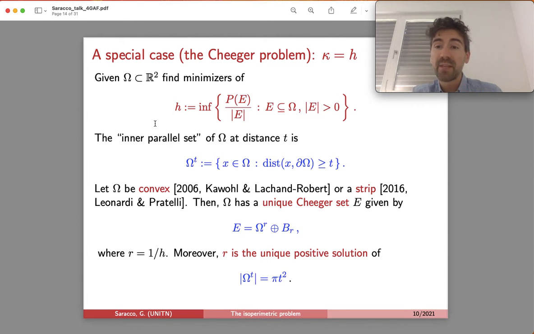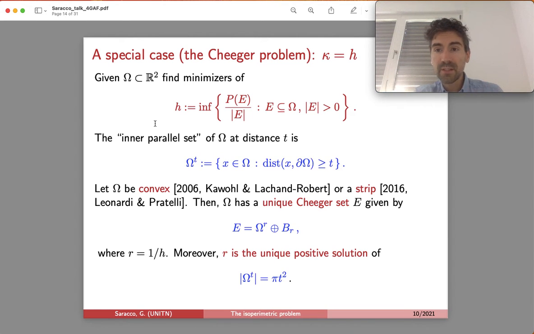Well, actually, this characterization tells us something more. It gives us a recipe to actually compute the Cheeger constant, because it tells us that r needs to be the unique positive solution of this equation: volume of the inner parallel set at distance t equals pi times t squared. Okay, so the idea is the following.